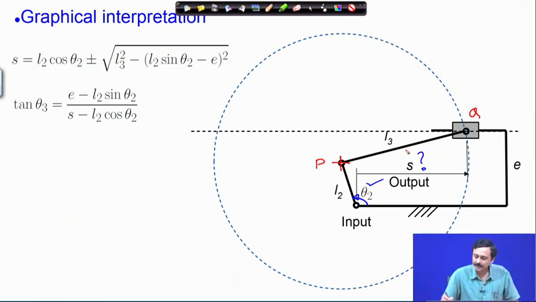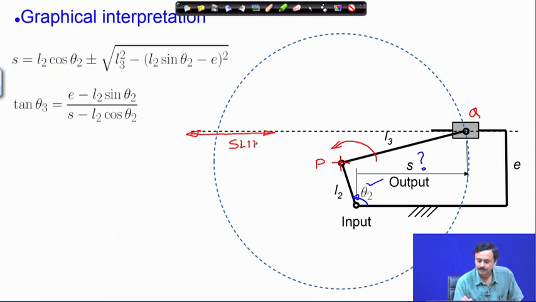Now, this link L3 can rotate about P, which is known. This horizontal line is the line of action, the line of motion of the slider.